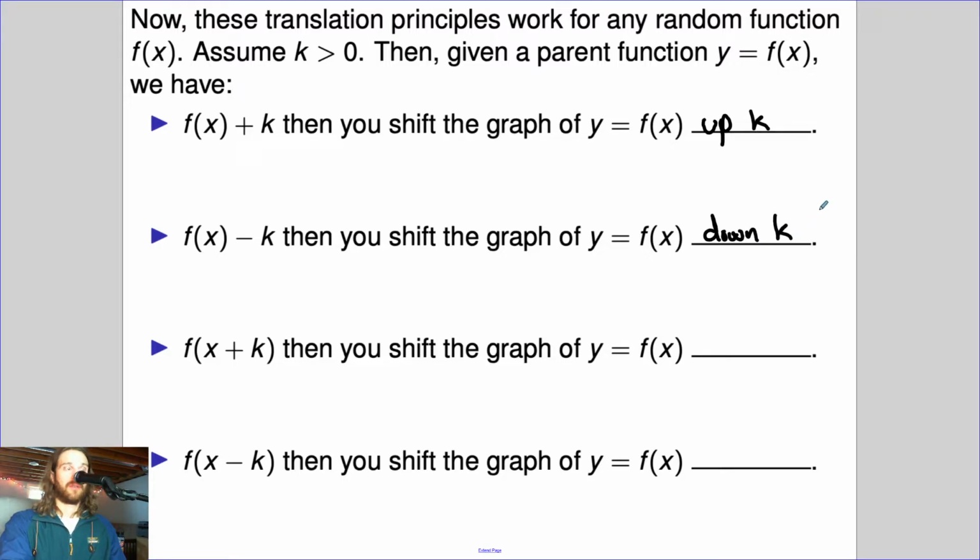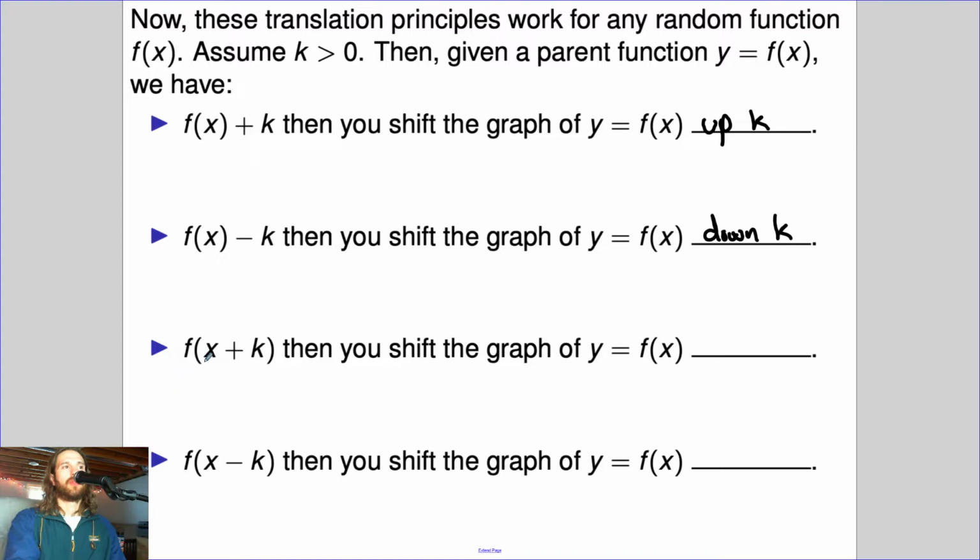down k units. Now, if you change the x value on the inside by adding a number, effectively what that does is it's kind of like shifting the perspective of where you're looking on the graph. And it kind of does the opposite of what you would think.